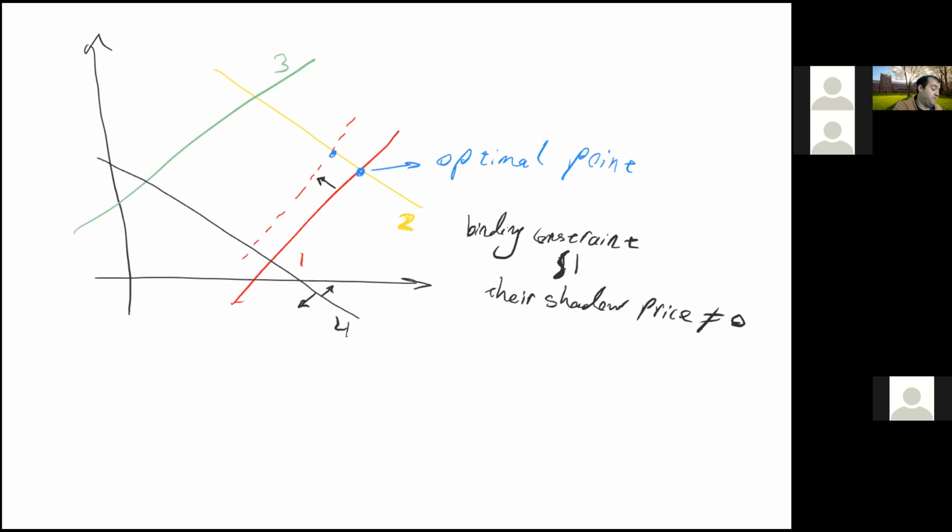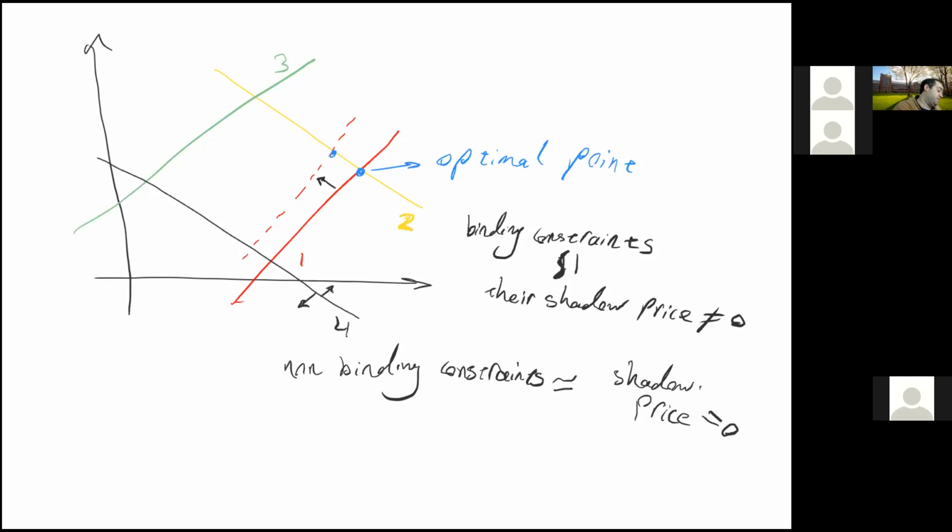So the shadow price is 0. Again, there is no mathematics behind it. We're just saying that for non-binding constraints, it is almost a synonym of saying that the shadow price is equal to 0.